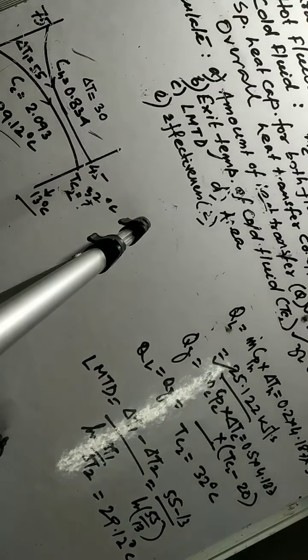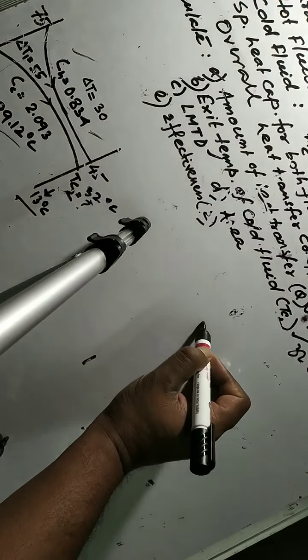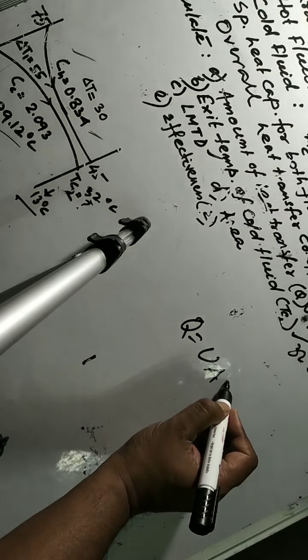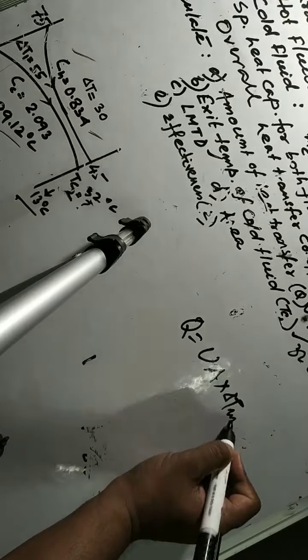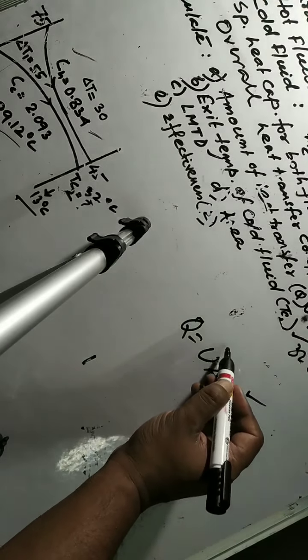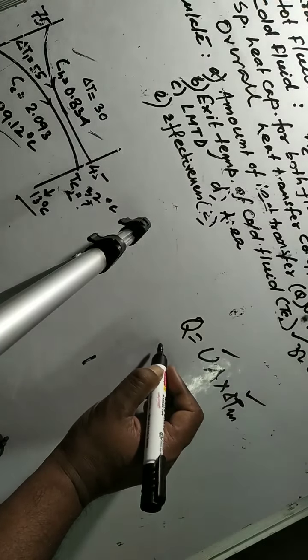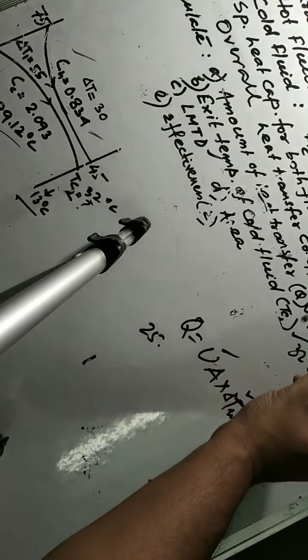Now the other thing you can calculate is the area. For area, what is the formula? Heat Q equals overall heat transfer coefficient U into area into LMTD. So Q you have already calculated, 25.122.